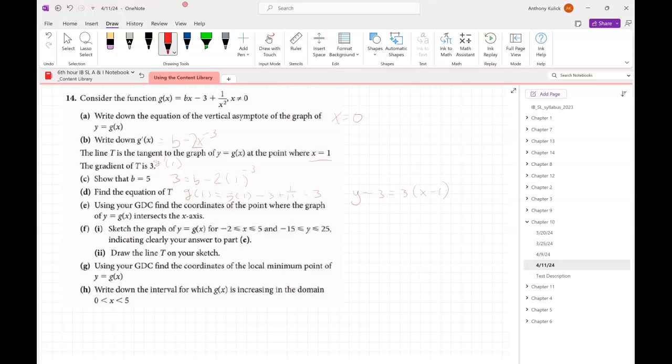If you're not sure how you're going to find this, maybe read ahead a little bit and see if it gives you a viewing window, like this problem did. You guys see that in F1?